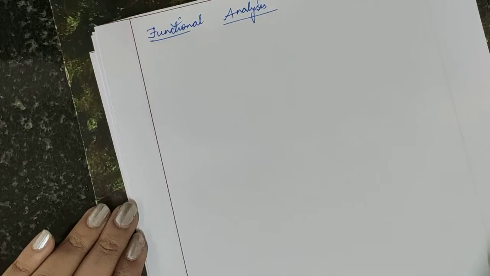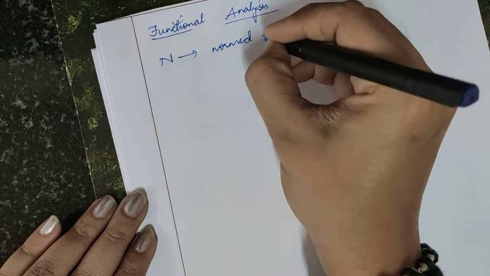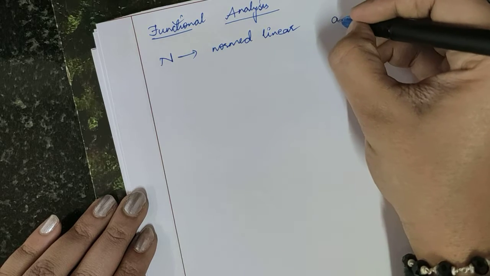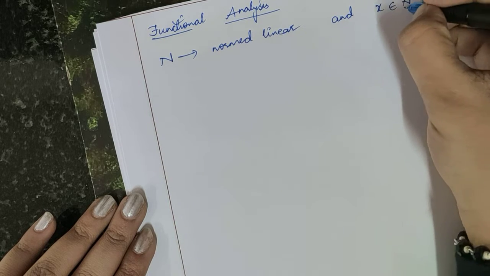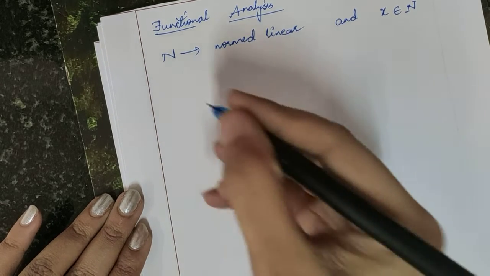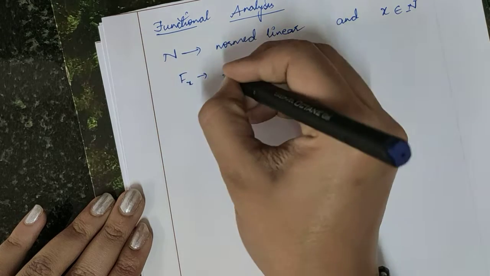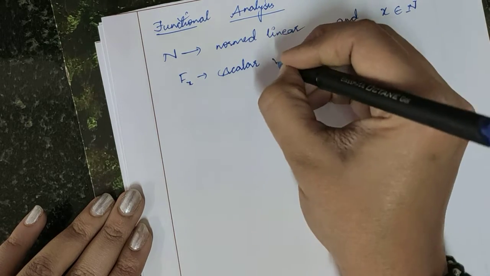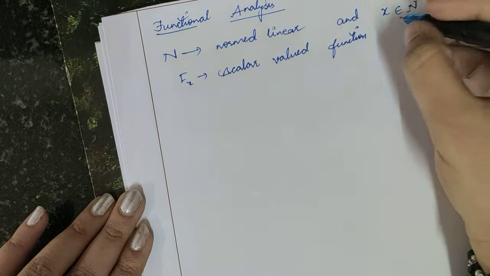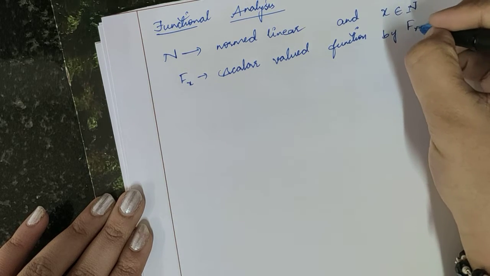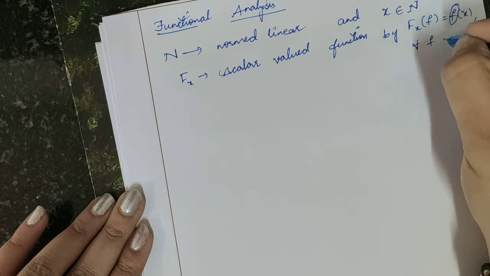So in the statement they have given that N is some arbitrary normed linear space and they have considered one arbitrary vector, say x, that belongs to the normed linear space N. They have also given that f_x is a scalar valued function, and you can define it by f_x(f) = f(x) for all f belongs to N star.